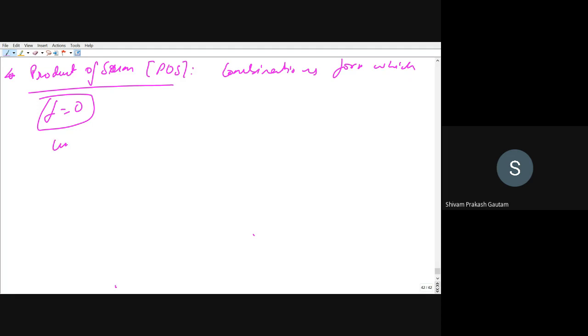Here, uncomplemented form is represented by 0. That is, if you are having A, B, and C, this will represent 0 value. Earlier in sum of product, A, B, C was represented as 1 value, and a complemented term represented 0 value. That is A bar, B bar, and C bar.